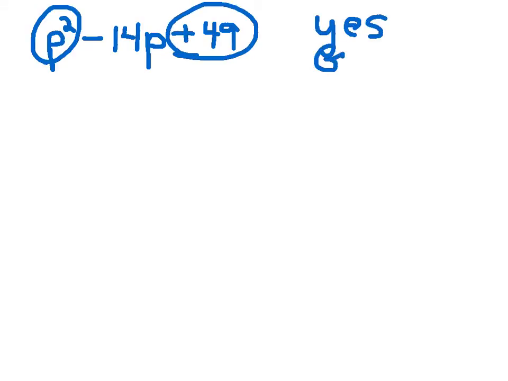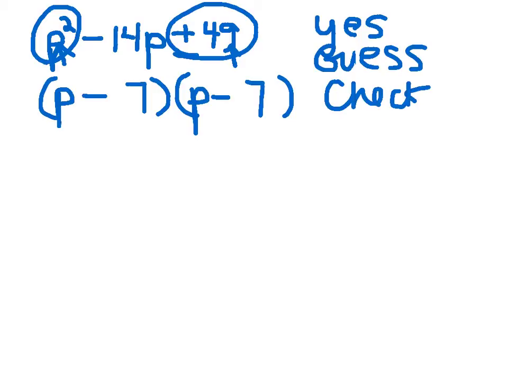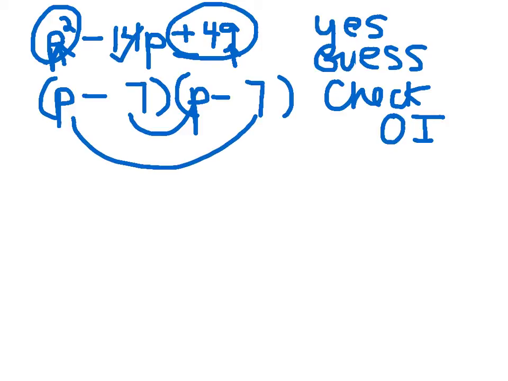So now I want you to make your guess, G-U-E-S-S, based on the square root of this term, which is p and p, and the square root of the last term, which is 7 and 7. We know that the signs are the same and they're both negative, and now you have to check the O and the I. Negative 7p and negative 7p does equal 14, so yes, this is a perfect square trinomial, and this is how you factor it.